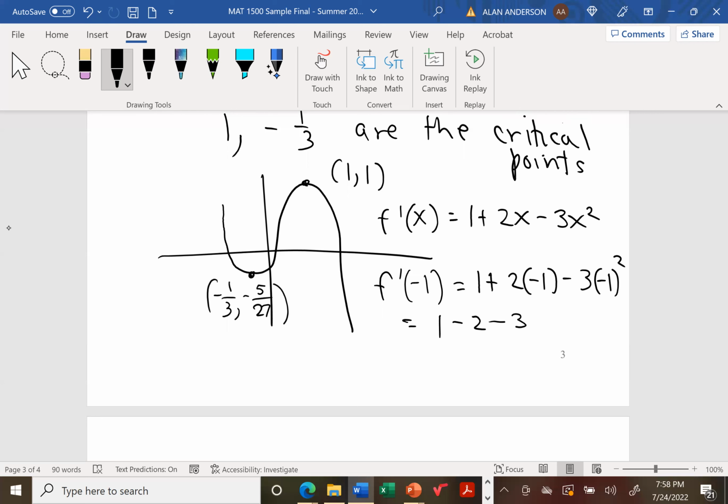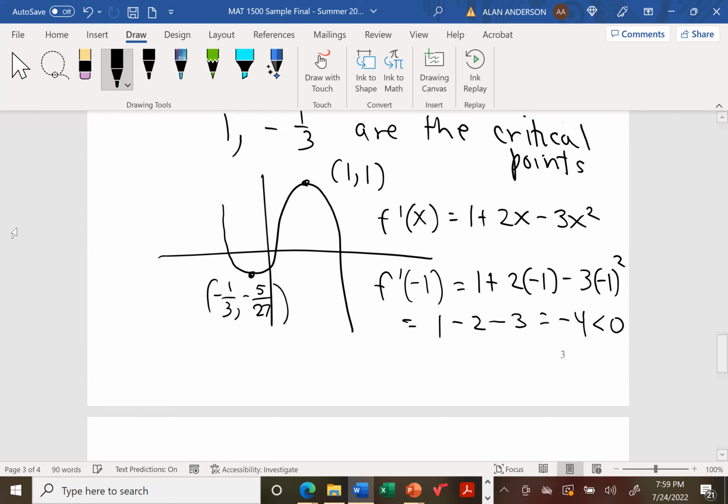And that's going to leave us with -5, which is negative. Oh, wait a minute. Sorry. I just realized I goofed right here. No, the 1 is just 1. It's 1 plus 2 times -1 minus 3 times -1 squared. So it's 1 minus 2. Now, -1 squared is obviously positive 1. So this is 1 minus 2 minus 3, well, this is -4. Sorry. It is negative, though.